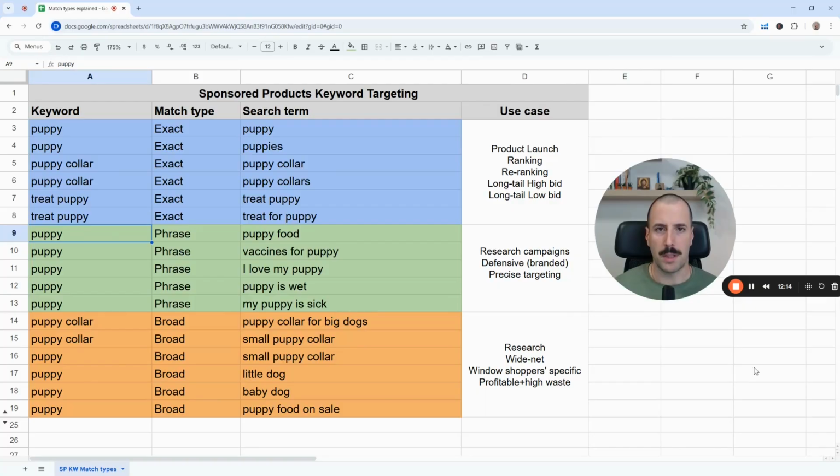That's crucial because very often the majority of your competitors are focusing on 2 out of these 3, and there can be a great opportunity for you to land really valuable, low ACOS sales on those. So test.